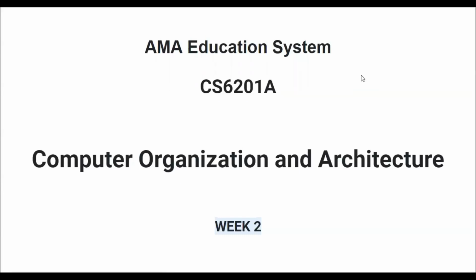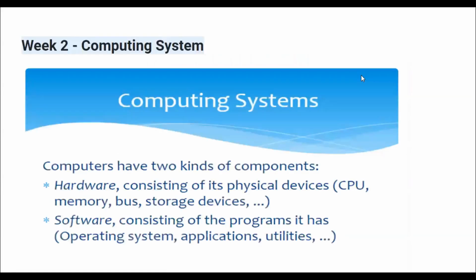Right now, our topic is computing systems. This is week 2. A computing system, or computer system, is a system of one or more computers and associated software with common storage.